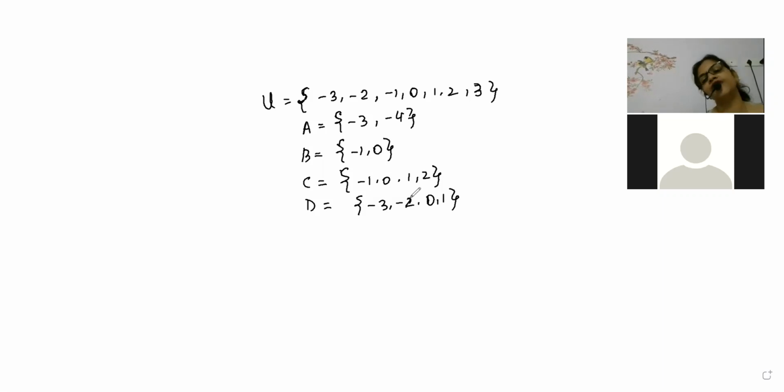Now how to present which one is belonging to the universal set? Now you have to say true or false. So the first question is, look here beta: is set A a subset of the universal set? Set B is a subset of the universal set.